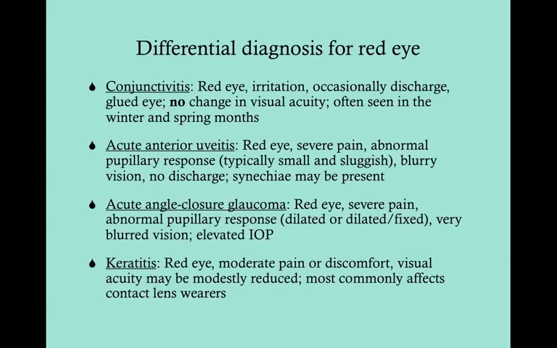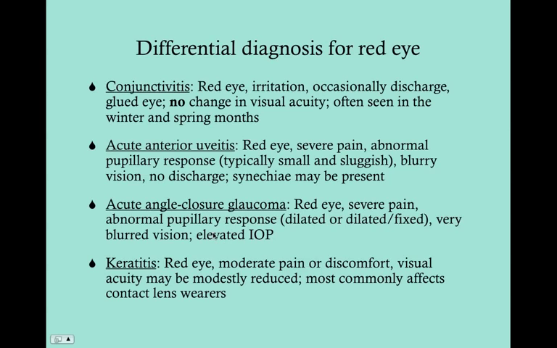Acute angle closure glaucoma is also associated with red eye and severe pain, as well as blurry vision. But what distinguishes it from acute anterior uveitis is that you will have a dilated pupil, not a small pupil. That pupil can be dilated, or it can be dilated and unresponsive, fixed.